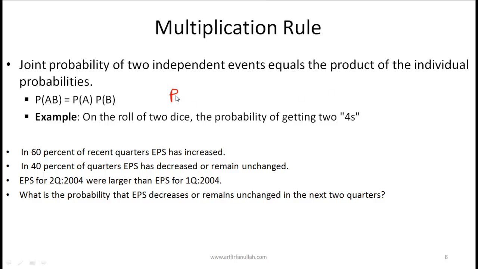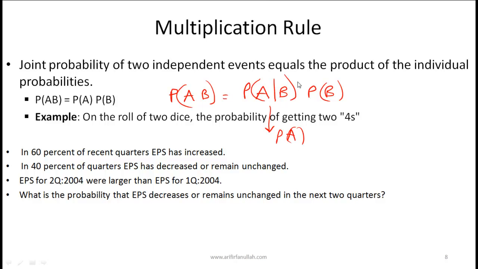As we just studied, probability of AB was equal to probability of A given B times probability of B. If A and B are independent, then probability of A given B would simply be probability of A, since knowing something about B tells you nothing about A. So this simply becomes probability of A, and hence probability of AB is probability of A times probability of B.